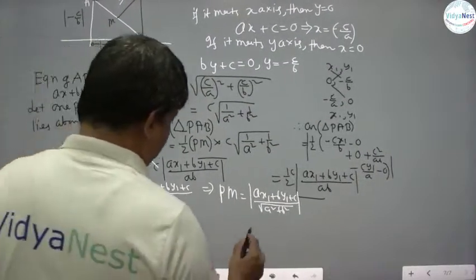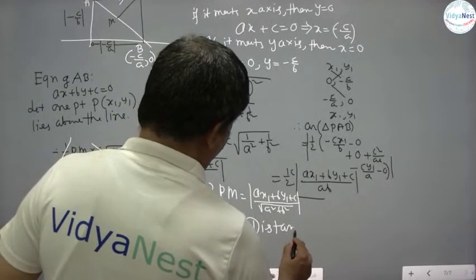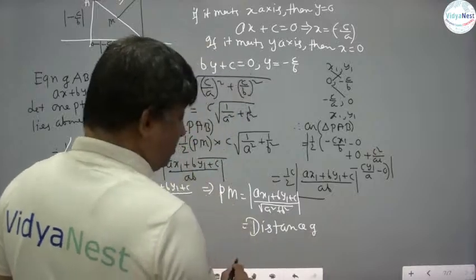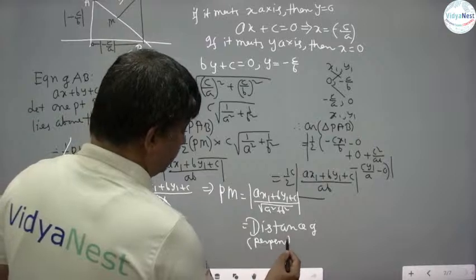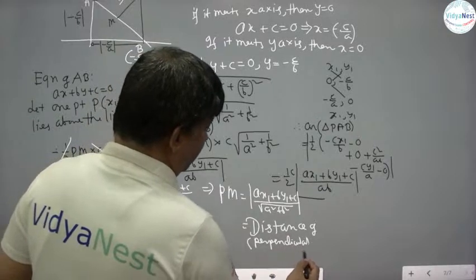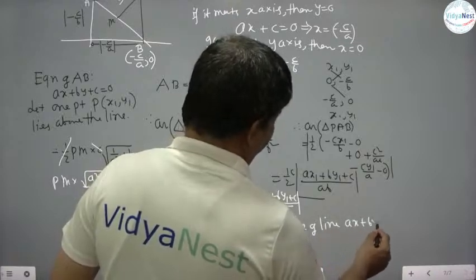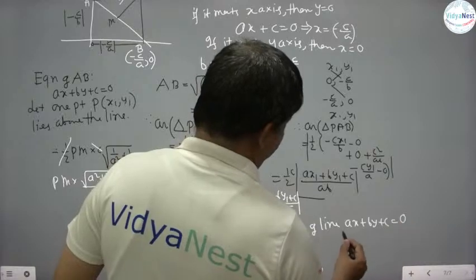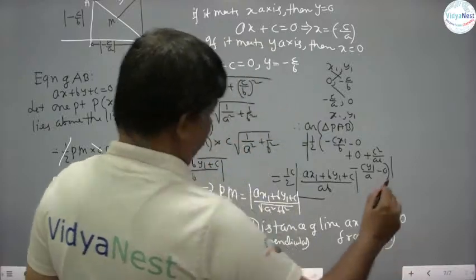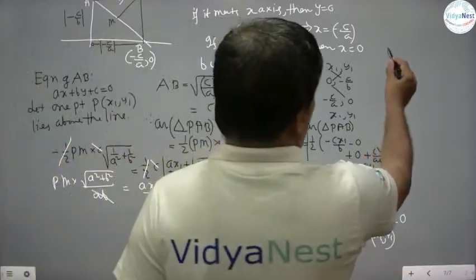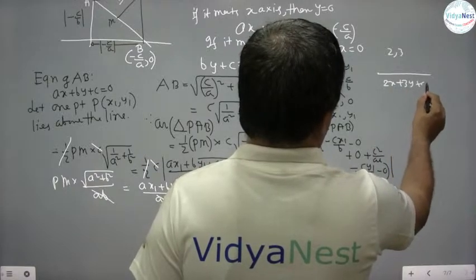So this is the distance. Distance means perpendicular distance of the line from x1, y1. Okay, one example: suppose there is a point (2, 3) and the line is 2x plus 3y plus 4 equal to 0.